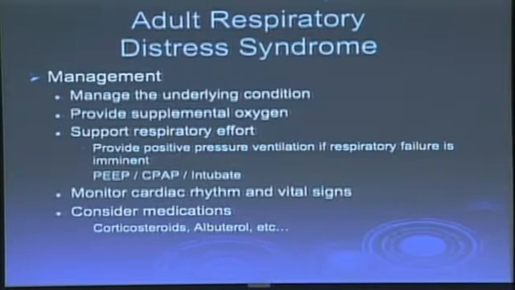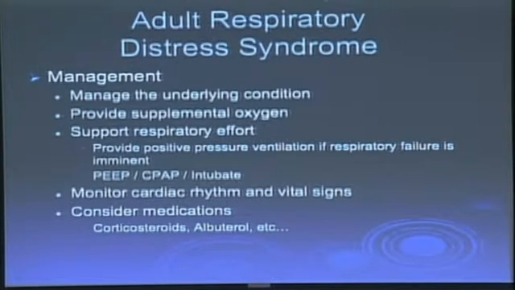Then support respiratory effort, positive pressure ventilation. Now, the underlying treatment of all adult respiratory distress syndrome, increased interstitial edema, is positive pressure breathing, whether it's cardiac in origin, whether it's non-cardiac in origin.